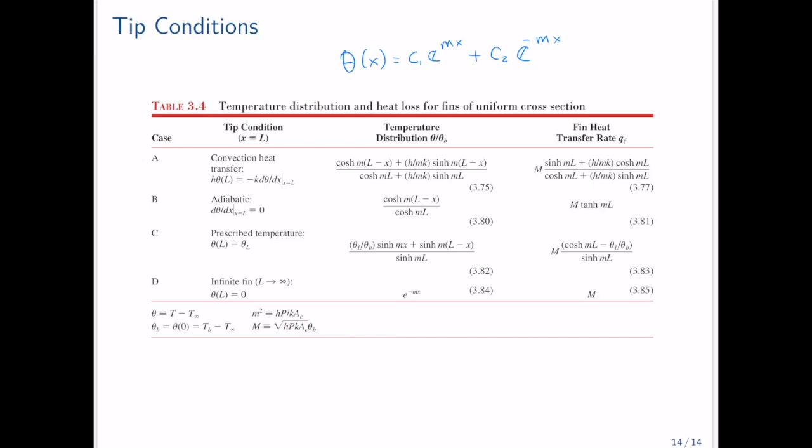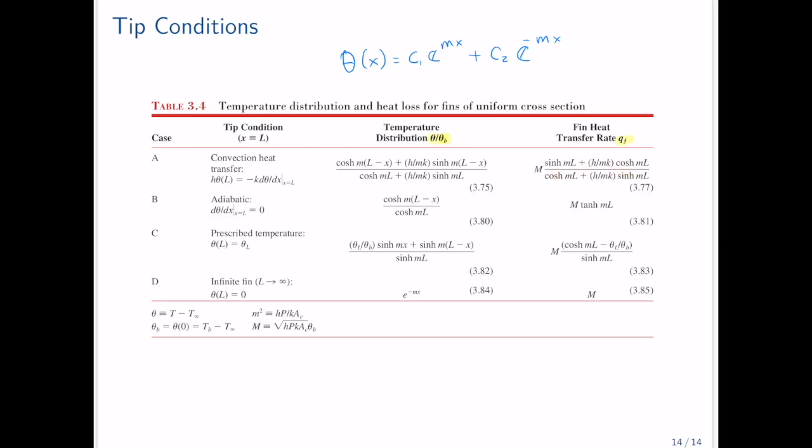So we can have the temperature distributions, the solution of theta of x. Here the expression is theta of x divided by theta b, and the heat transfer rate. We can see that in the first case, when we consider convection, we have a very complex expression in terms of hyperbolic cosines and hyperbolic sines. And also the heat transfer rate is given in terms of hyperbolic sines and cosines.